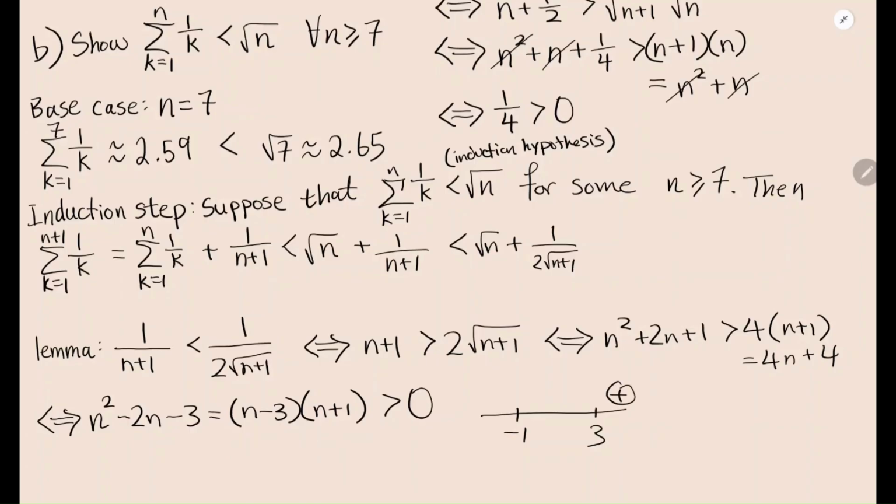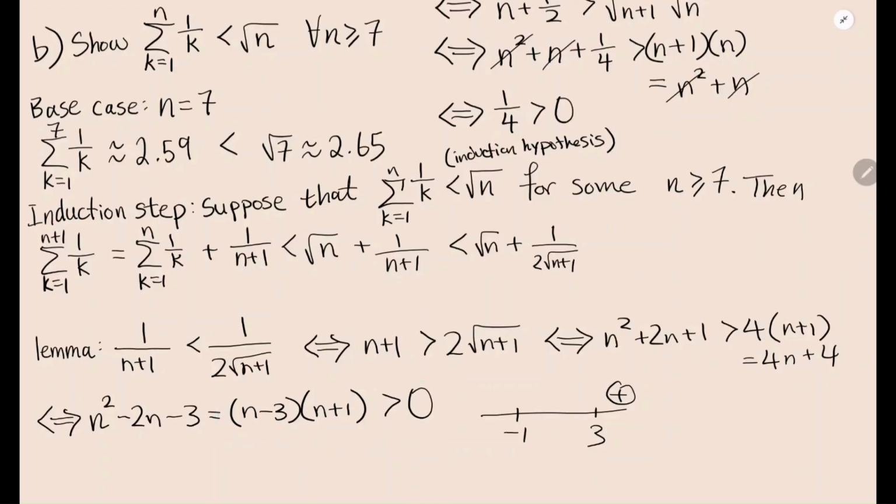I'm curious as to what happens when n is greater than or equal to 7, and 7 is over here, so it is going to be greater than 0. So any natural number greater than or equal to 7, when you plug it in here, is going to be greater than 0. So this is always going to be true.